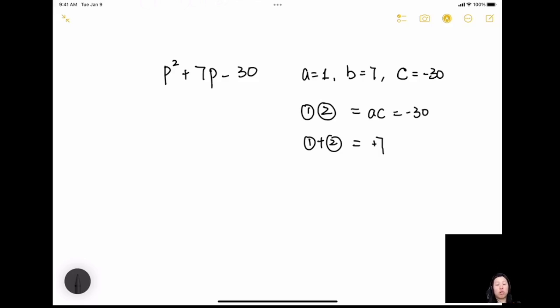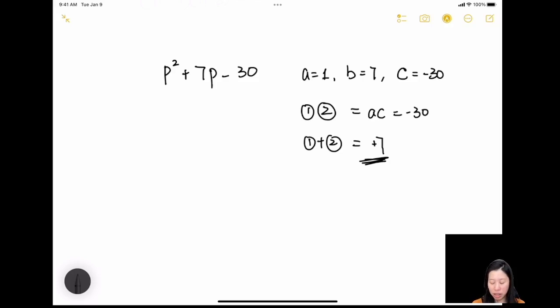Two numbers multiply to a negative number, which means one has to be positive and the other negative. And when a positive number adds to a negative number and we end up with a positive, the bigger number has to be positive and the smaller number negative.